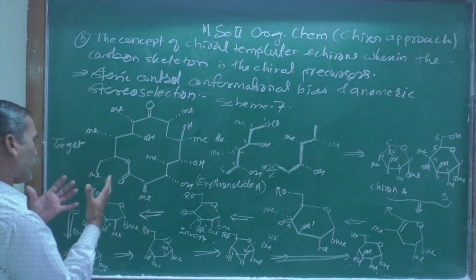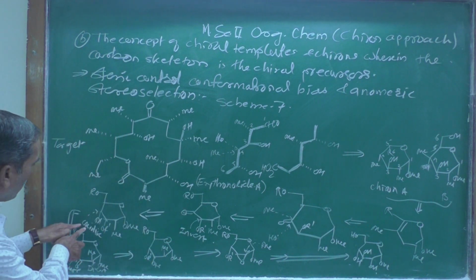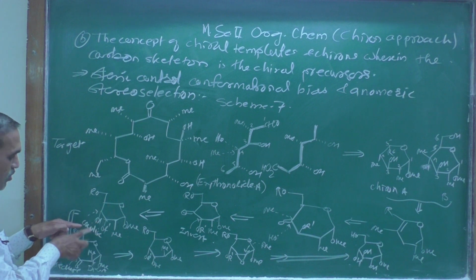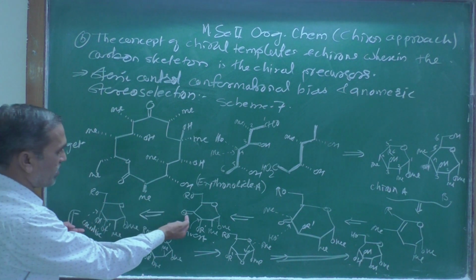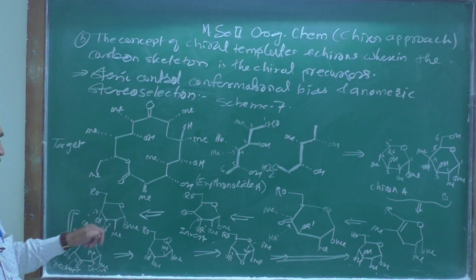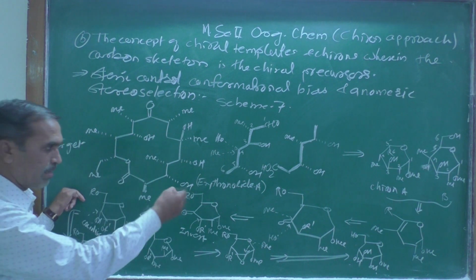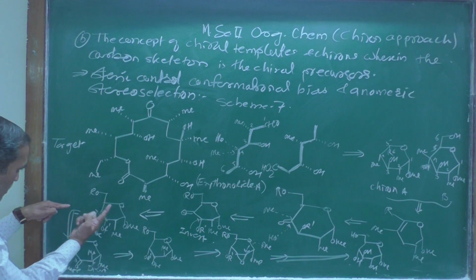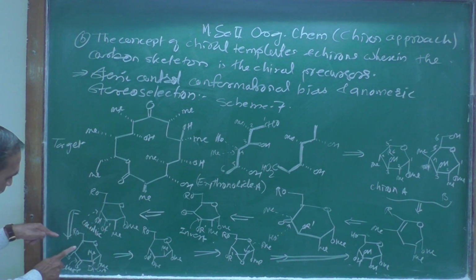Now this can be prepared from this one. Look at this hydroxy group; we can oxidize it, and we will get this type of carbonyl group over there, OR, OMe and RO; it remains as it is. Now this compound can be prepared from this one.